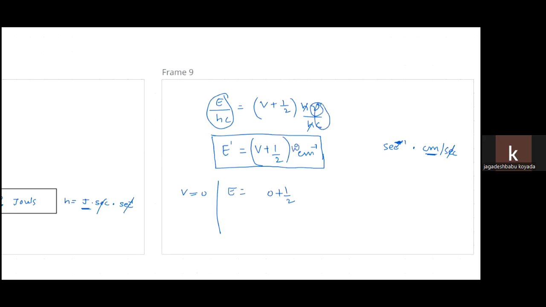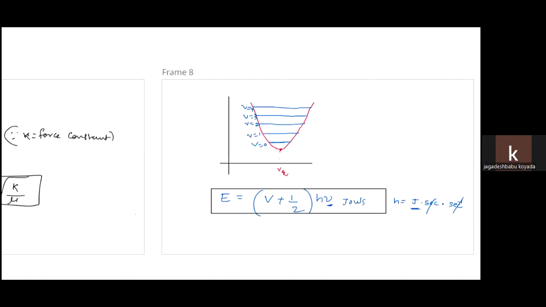So E0 is equal to half omega bar. Even at the zero energy level, the molecule is vibrating. So it is known as zero point energy.